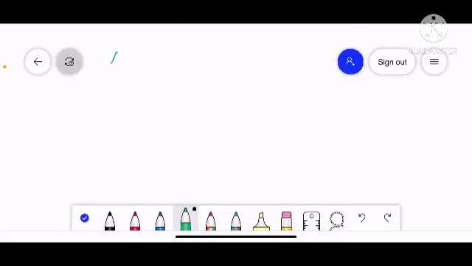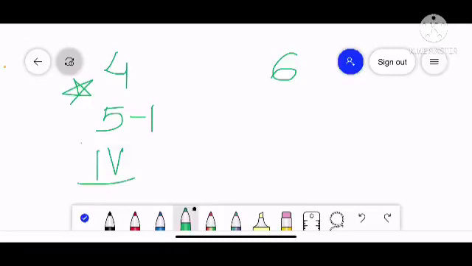Let's compare the Roman numeral of 4 and 6. First the Roman numeral of 4, we are going to break the number into 5 and 1. The letter for 5 is V, and minus 1, according to the rule, if minus sign is there, then we are going to put the letter towards our left side. So IV is the symbol. Now for 6, again we break 5 plus 1.